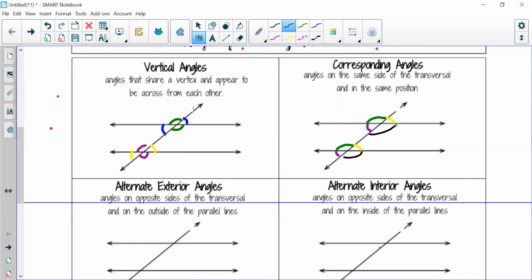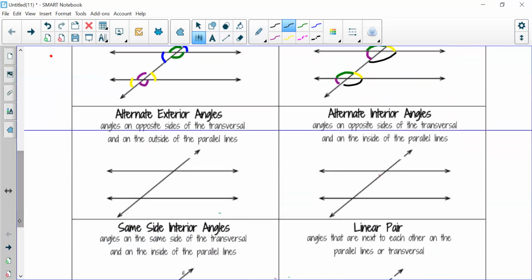Okay, y'all, alternate interior angles are on the opposite side of the transversal, but inside of the parallel lines. Okay, y'all, how many are in the set? 4. How many sets? 2.